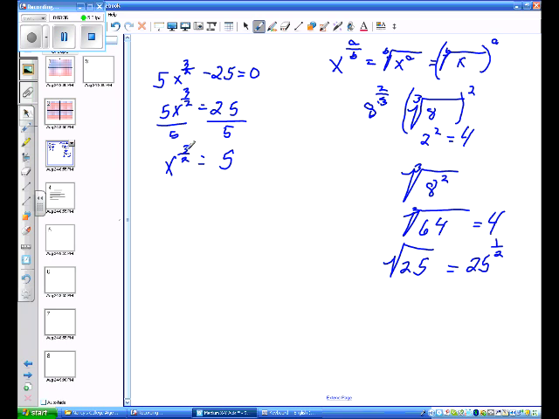Okay, when we start solving, remember we raise it to the power as the root that we're taking. But in this case, we're also cubing that answer. What we want to end up with is an exponent of 1. We want to end up with x to the first. So we want to multiply 3 halves by something so that we end up with 1.